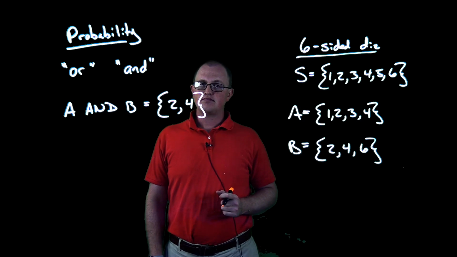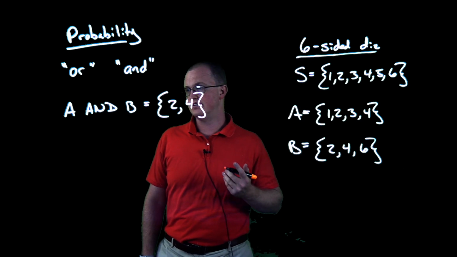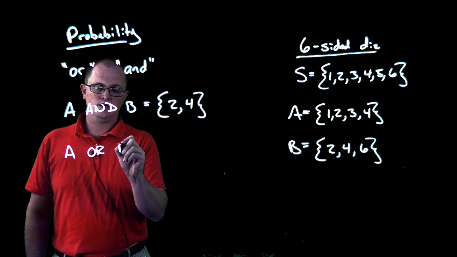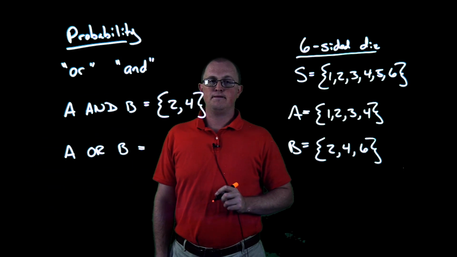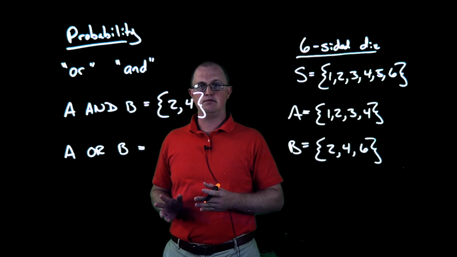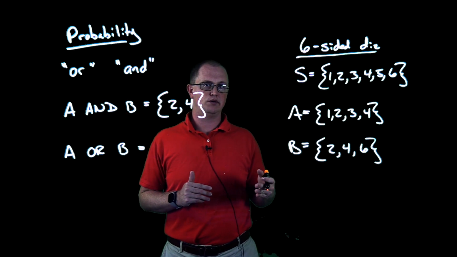So if we want to define a new event, A or B, then this is going to be all the outcomes that are in at least one of them, including the ones that are in both.